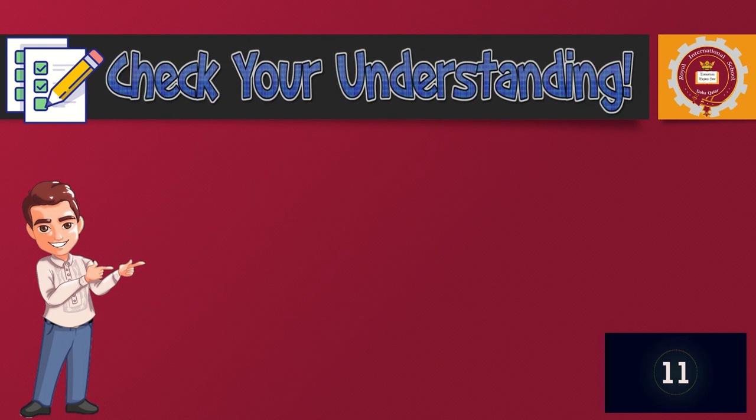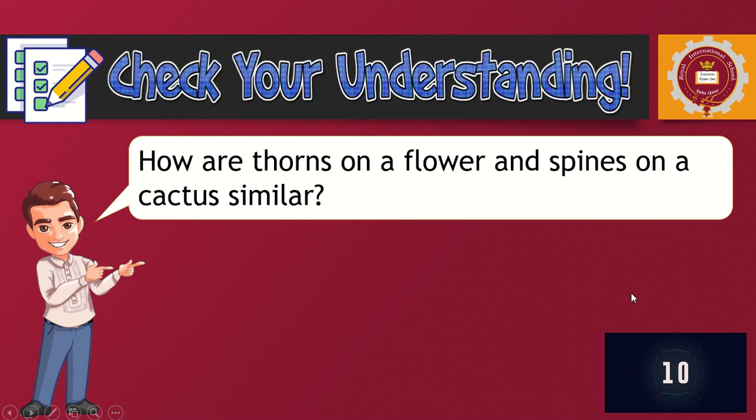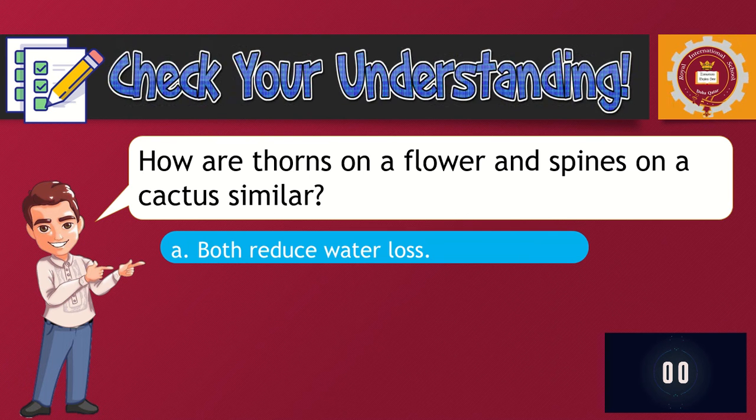What have you understood? Okay, so here is the question. How are thorns on a flower and spines on a cactus similar? Think about it. Okay, so you will have 10 seconds. Both reduce water loss, right?